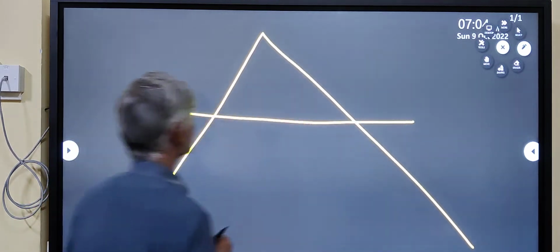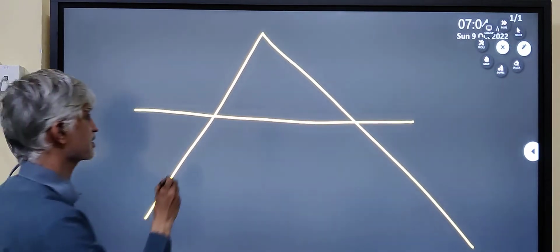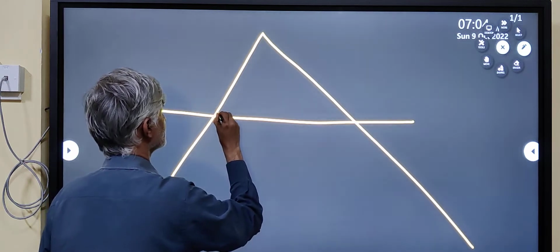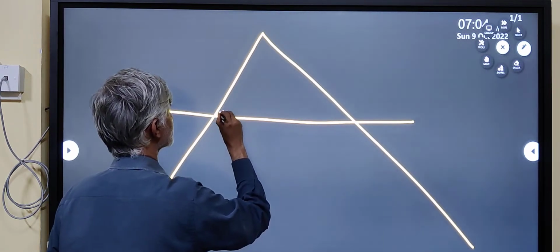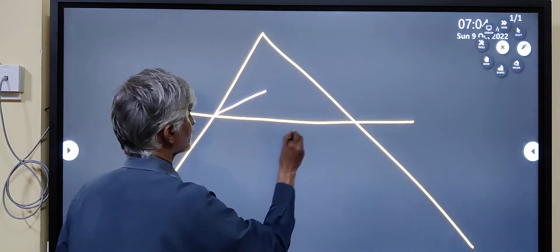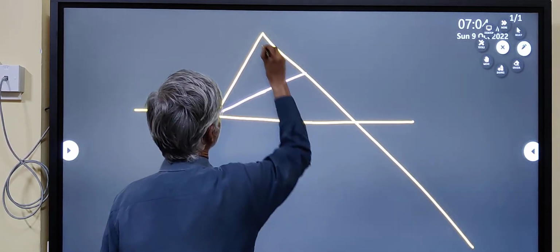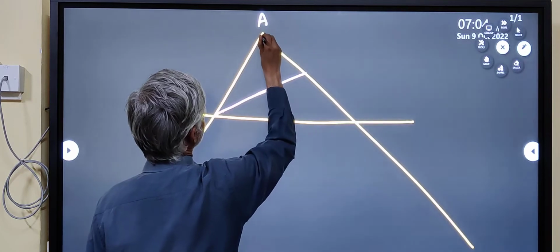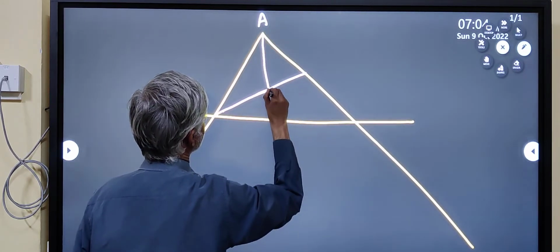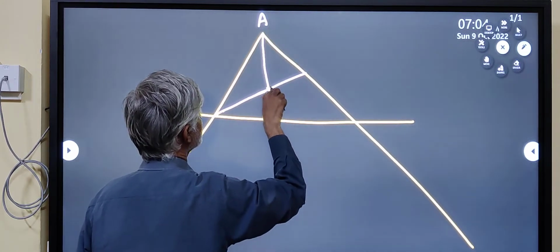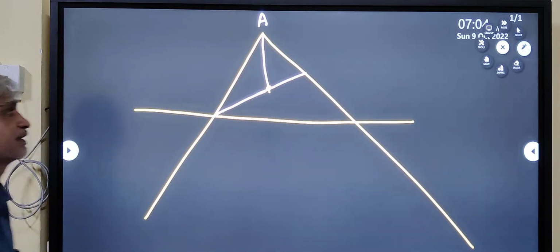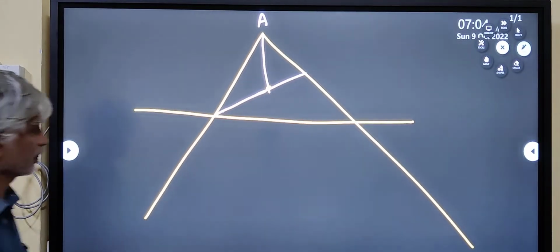what we already know is that if I take the angle bisector and another angle bisector from here, then this point is the in-center.